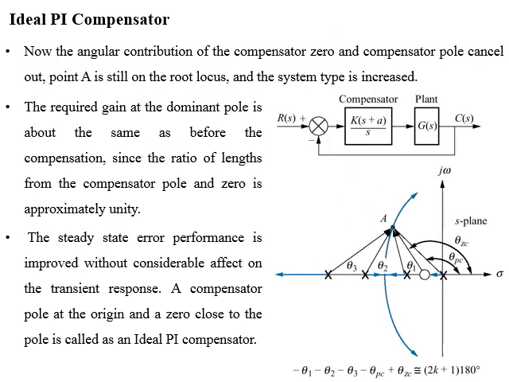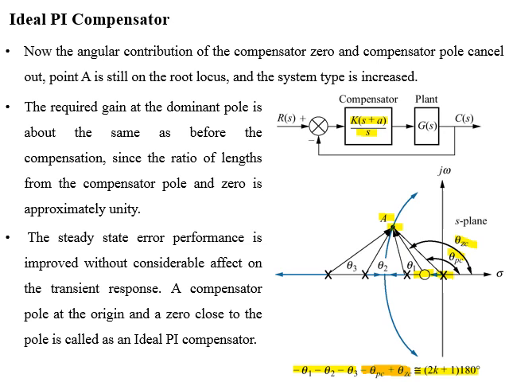Dear students, if you look at the figure, we have added a pole at the origin to improve the steady state error, and we have added a 0 near the origin. This 0 will again change the shape of the root locus, and now from the figure you will observe that the root locus again passes through our desired location A, where the desired transients were achieved.